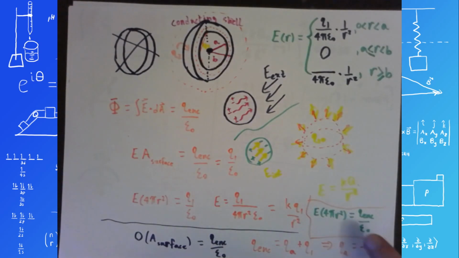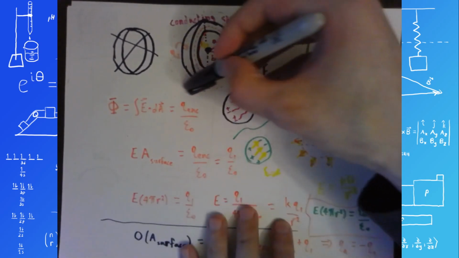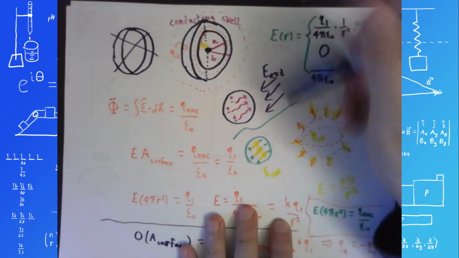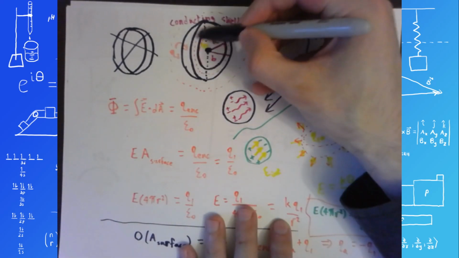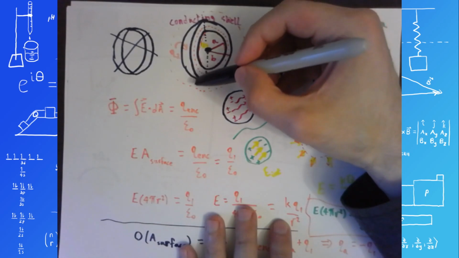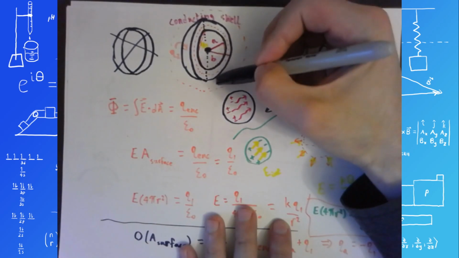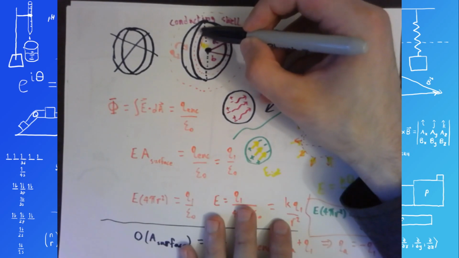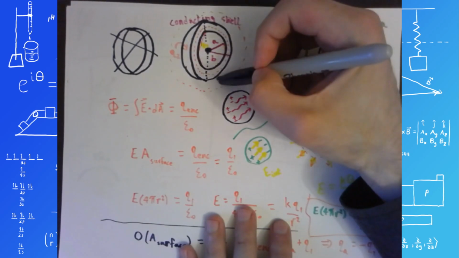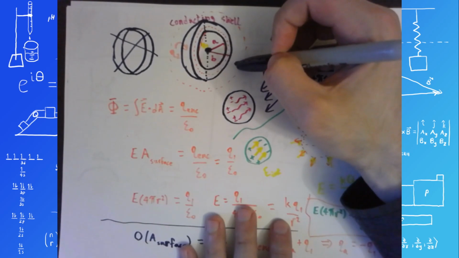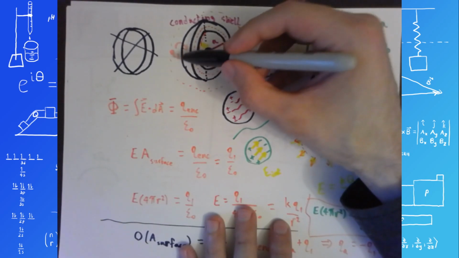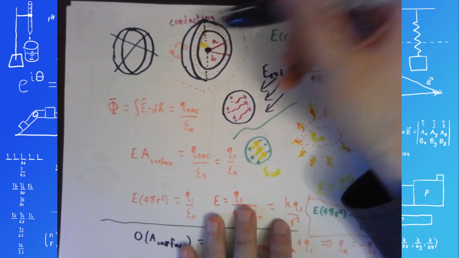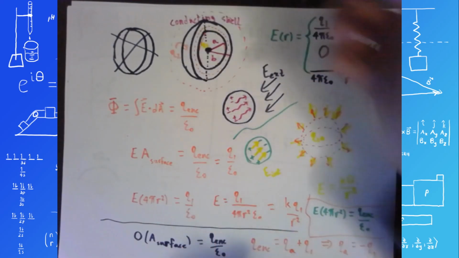What's different is the charge enclosed. How much charge do I have inside here? I've got the point charge, the charge on the inner surface, and now I also have the charge on the outer surface. I don't know what the charge on the inner and outer surfaces are individually, at least not yet, but I do know that the total charge on the conductor, so QA plus QB, is equal to what they called Q2.